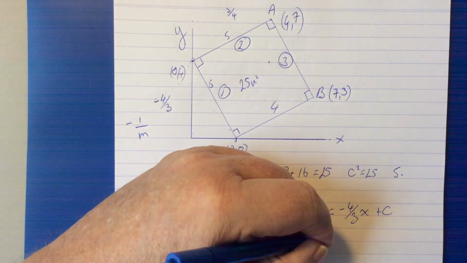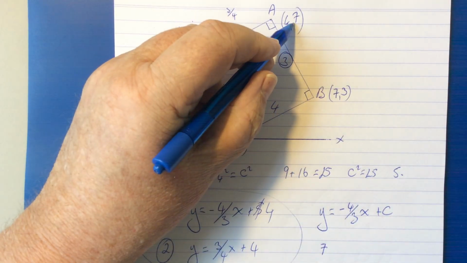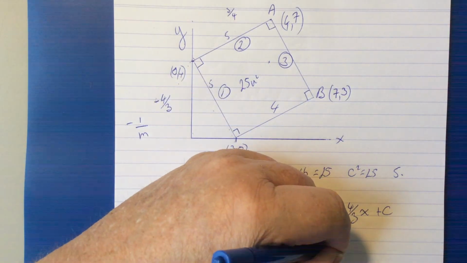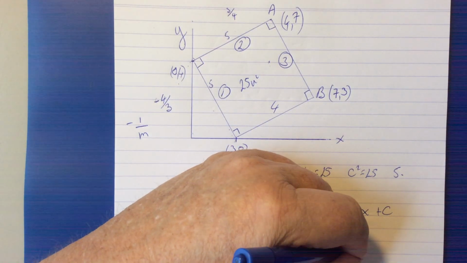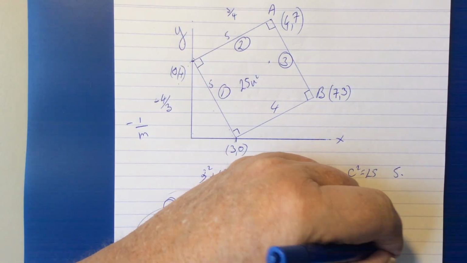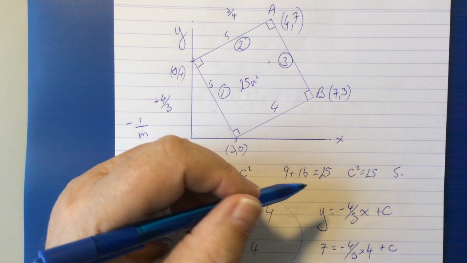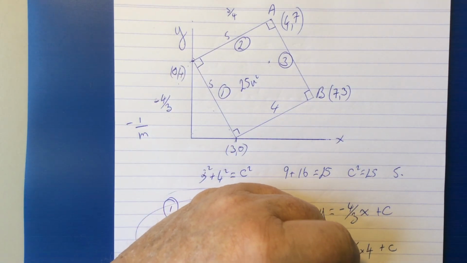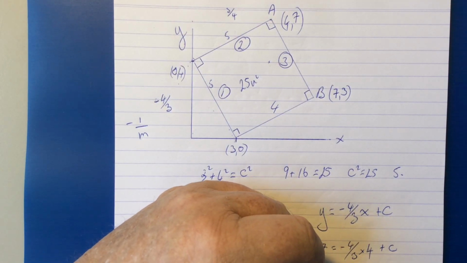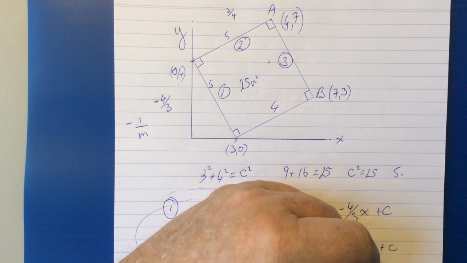I'm going to use this. So I'm going to replace these values with the points in this ordered pair. So y is 7. That is equal to negative 4 on 3 times 4 plus c. So negative 4 times 4 is negative 16 over 3, and 7 is equal to negative 16 over 3 plus c.